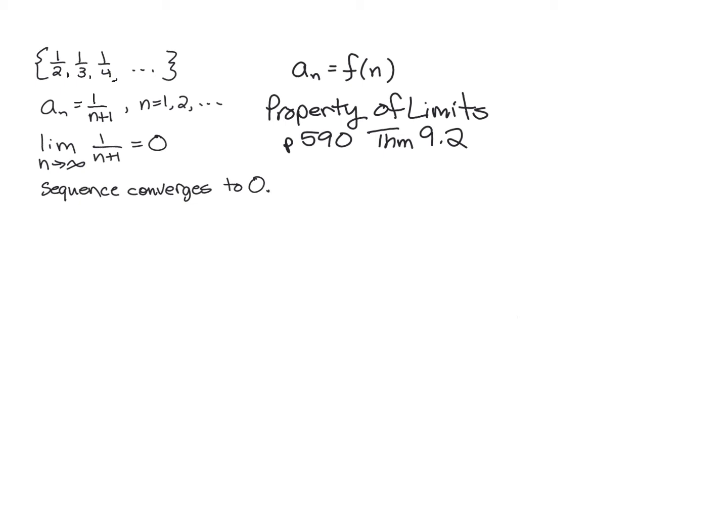When you're looking at a particular sequence, sometimes in the lower numbers, the values will pop around, get bigger, get smaller, get bigger, get smaller, and then way out toward the end of the sequence, you'll see that they start to behave nicely and they start to converge.